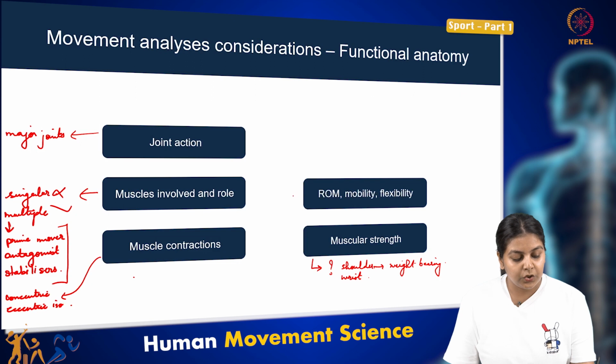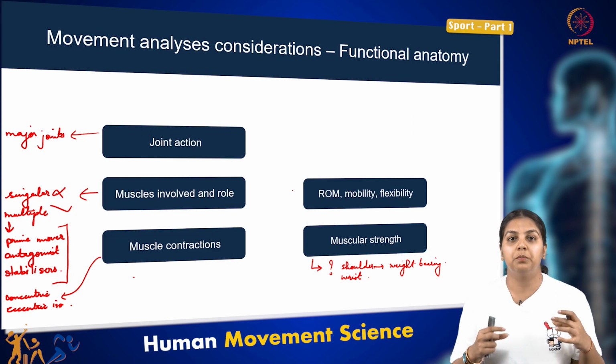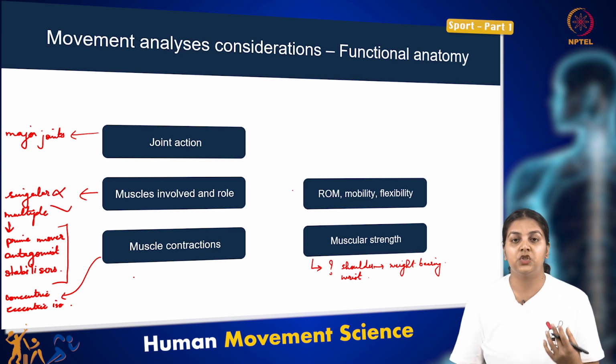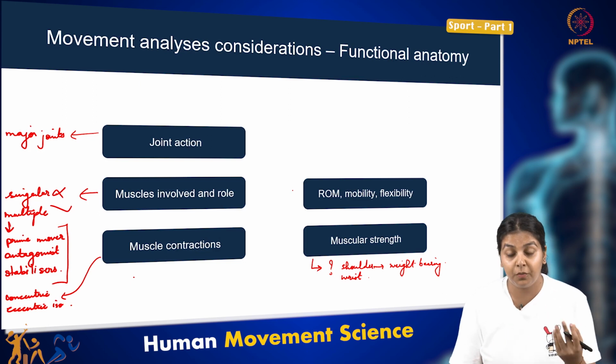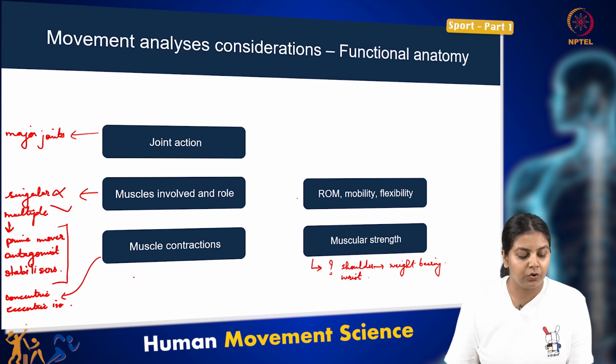Through this strength, do I have enough range of motion, mobility, and flexibility, right? For example, if you're doing a badminton smash, you're always going to be in that position where there's an extreme amount of back extension, right? When you're reaching out for that smash and you're smacking from there. To be able to be in that position, you need to have good range of motion.